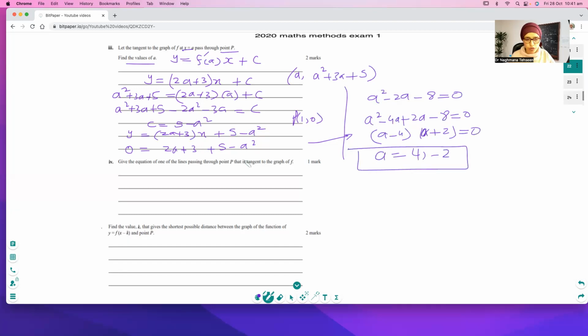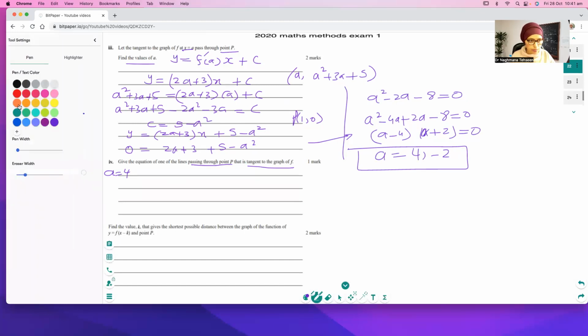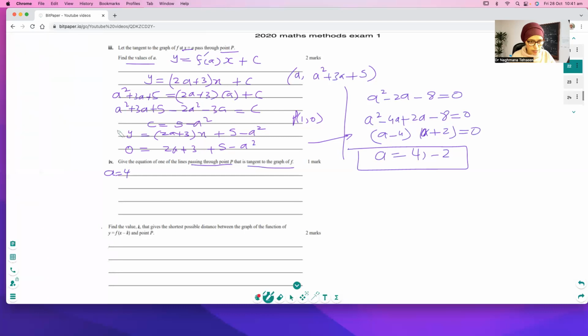Okay, give the equation of one of the lines passing through the point P that is the tangent to the graph f. So give the equation of one of the lines, because we got two values of a, right? One of the lines means you could say a is equal to, let's say, 4, and we can see what we get. So a is equal to 4, we are going to get, this was the equation of the tangent line.